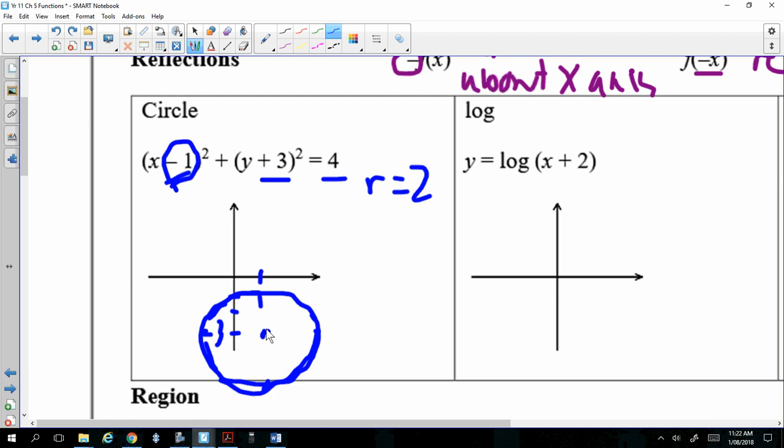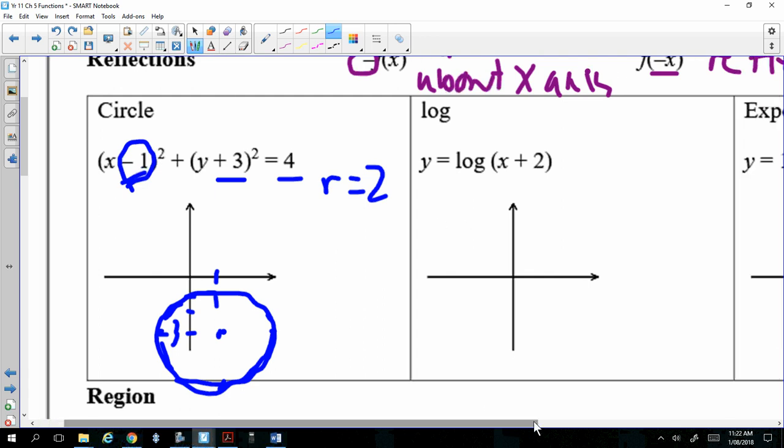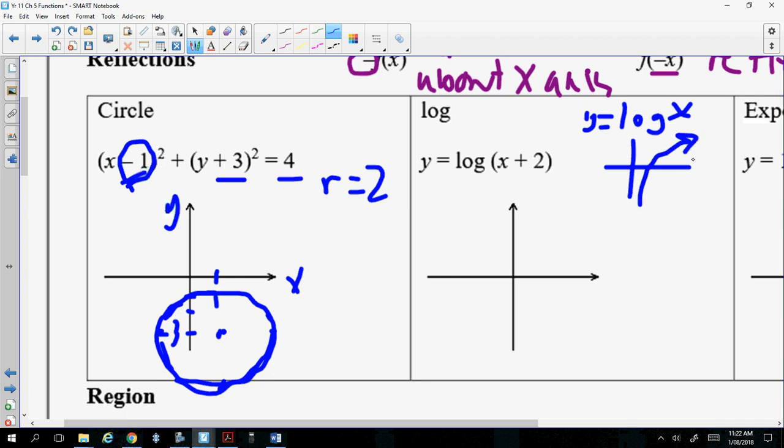It's a log graph. To draw a log graph, hopefully you remember how to draw log x, which looks like this. Right? Dotted line for the asymptote. Oh, I didn't do log for the other one. Okay. And that's a log graph. And what does this do? Shift left 2 units.